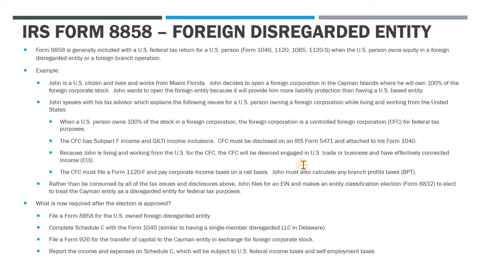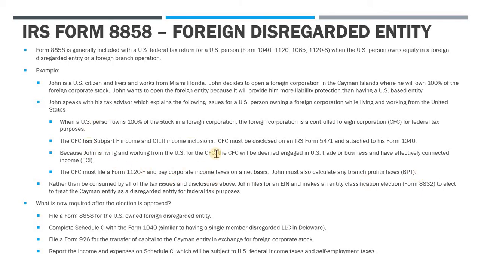He's got a U.S. office, so there's no way around this U.S. trade or business or U.S. ECI issue. If the foreign corporation finds itself in that place, now in addition to all this, it's got to file a Form 1120-F and pay U.S. corporate income taxes on its net taxable income. And then there's also BPT, or branch profits taxes, computations, and payments, if that does apply.